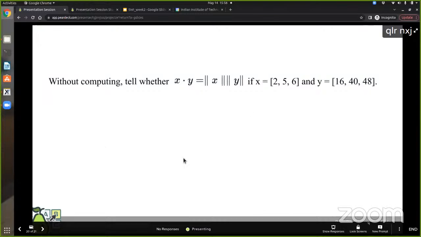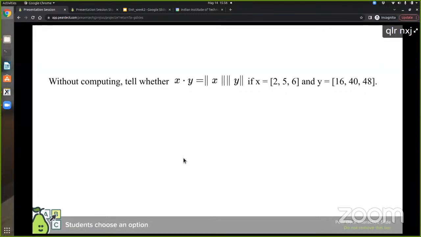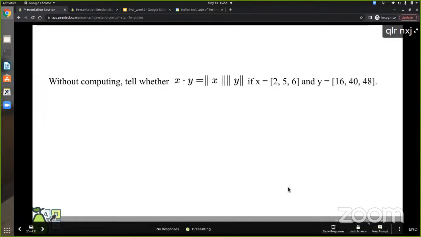Can you tell this? And which concept will be used here? Madam, Cauchy-Schwarz inequality. Yeah, correct.